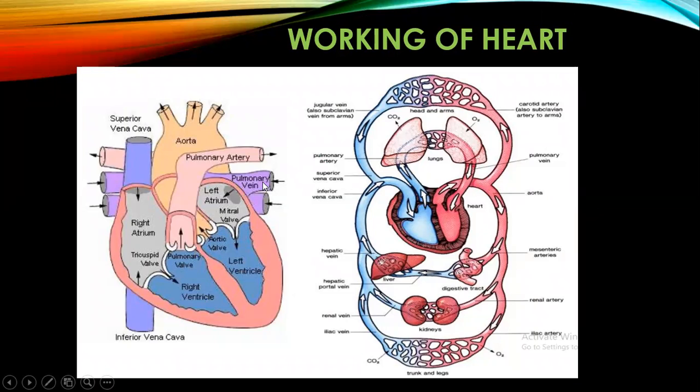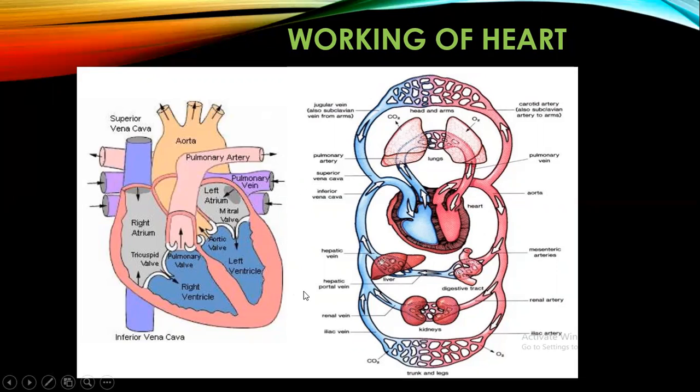The oxygenated blood first moves via the pulmonary vein and is thrown into the left atrium. Then the left atrium pushes the blood into the left ventricle. From the left ventricle, the blood is pumped to the aorta, which is the largest artery. The aorta sends the oxygenated blood to the tissues.